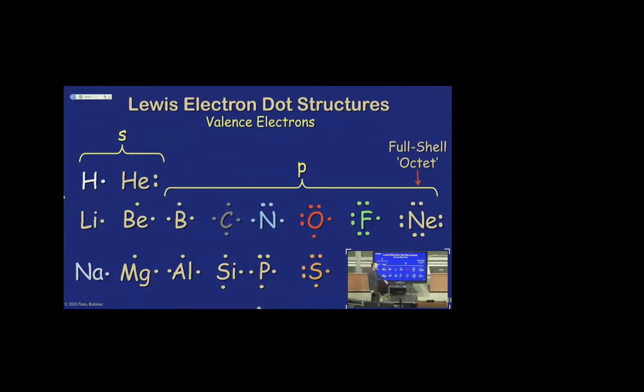Okay, and we talked about this concept, full shell. We've completed the S and P orbitals, filled them all up, and we've got to neon and argon, and we saw how that gave them those high ionization energies relative to the elements around them.